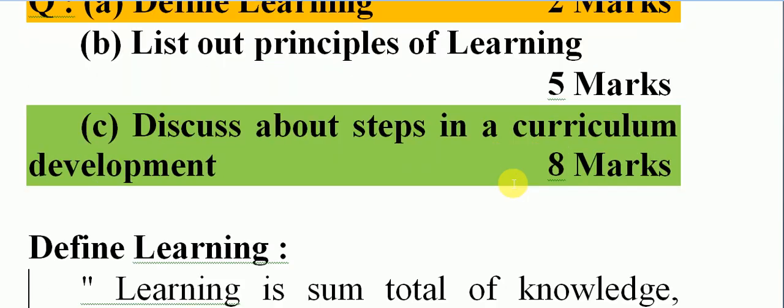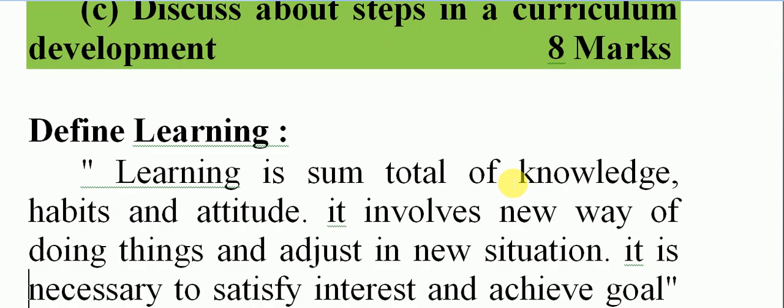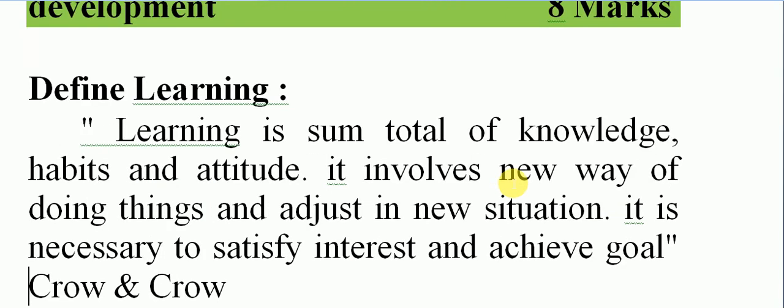First of all, the definition of learning. Learning is the sum total of knowledge, habit and attitude. As we know, learning is the total of our knowledge, our habit, our attitude, and that's called learning.